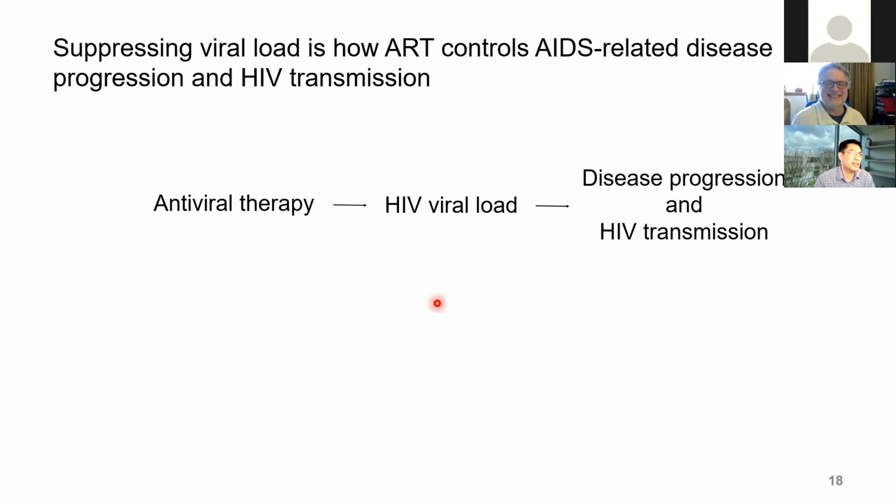So in terms of the HPTN 052 example, we know suppressing viral load is how ART controls AIDS-related events progression and potentially HIV transmissions. So essentially, there is a strong biological mechanism we believe, or we have evidence, that antiretroviral therapies will work on viral load, and lower viral load will lead to slower disease progression and lower risk of HIV transmission.